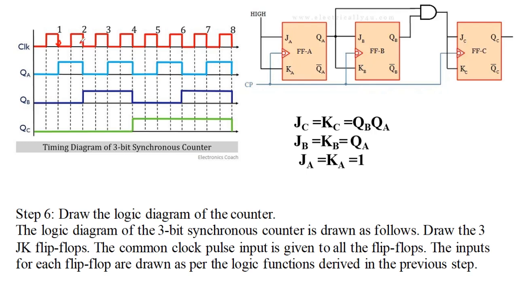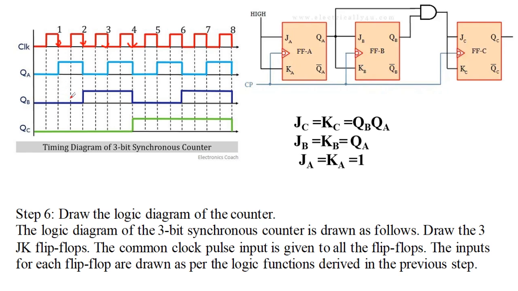For every negative clock edge, the least significant flip-flop will be toggled from the present state to the next state. Second clock pulse, previous state is 1, so the next state must be 0. Third clock pulse, present state is 0, hence it will move to logical 1. Fourth clock pulse, present state is 1, so it will move to logical 0. So for every clock pulse, the least significant bit will be toggled.